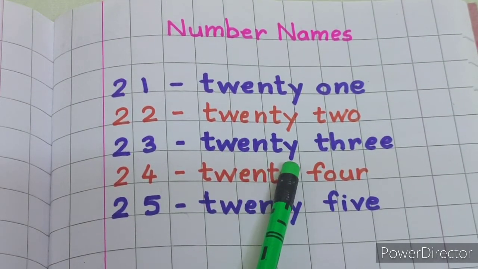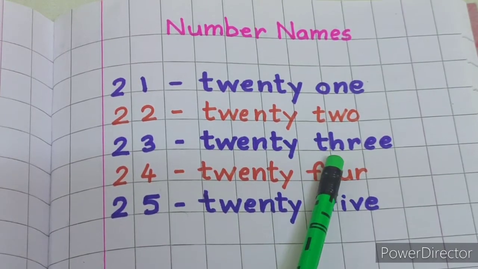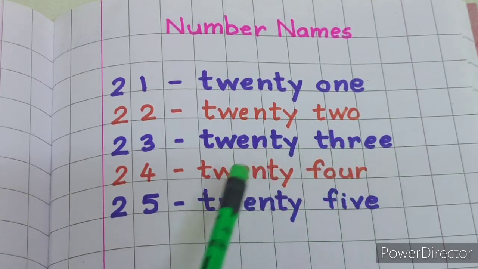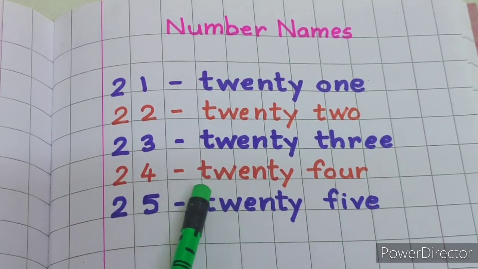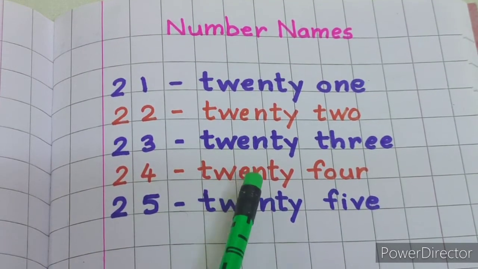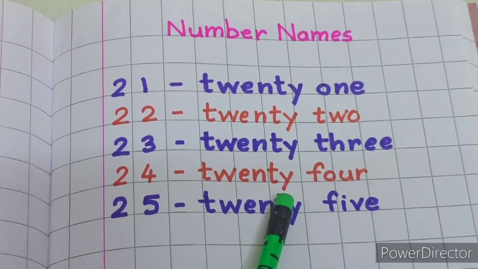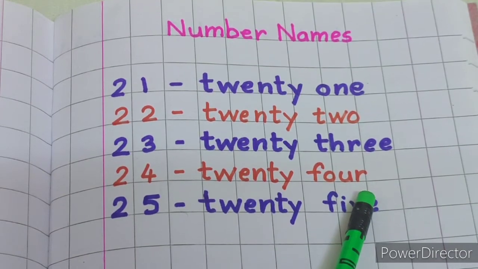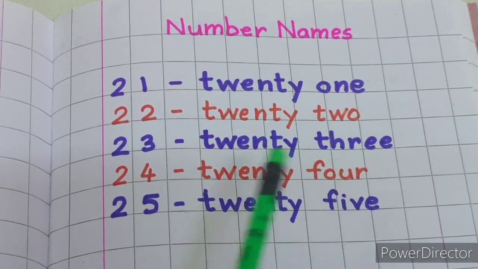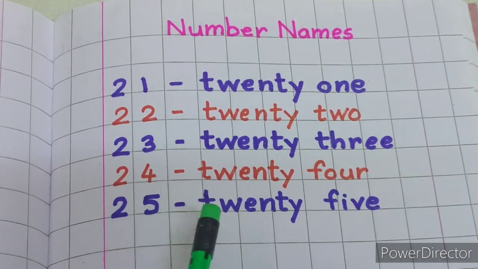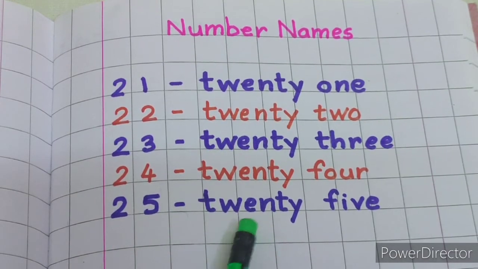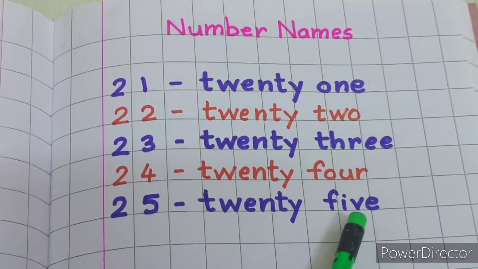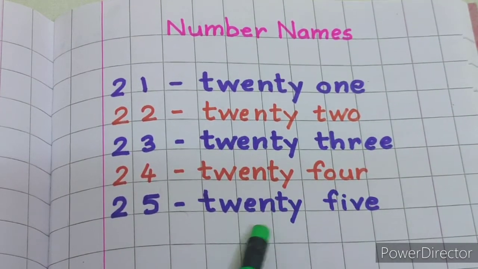Twenty, three, 23. 24. Twenty, four, 24. 25. Twenty, five, 25.